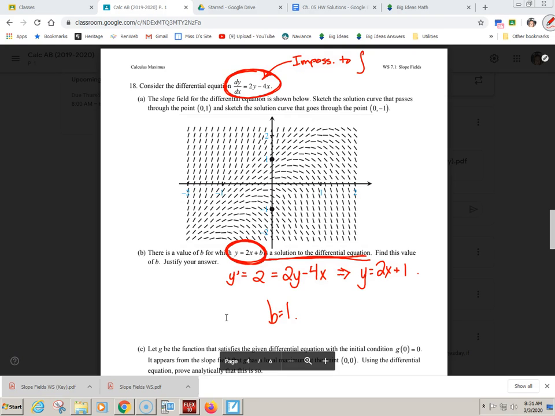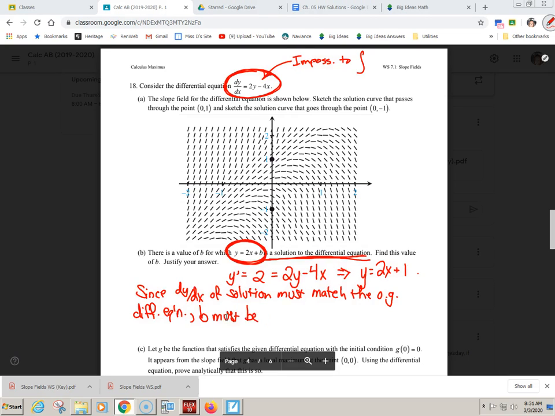So justification. Since the dy dx of the solution must match the differential equation, probably don't put OG on the AP, b must be 1.